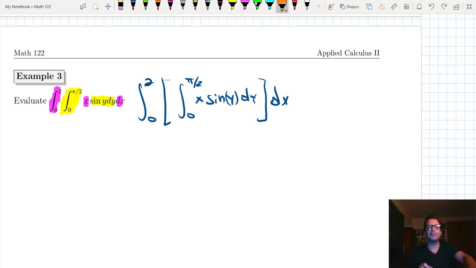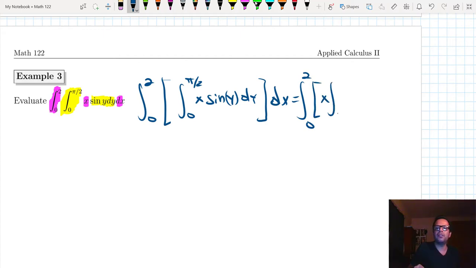So let me write the whole thing again: the integral from 0 to 2 of x times the integral from 0 to pi over 2 of sine of y dy, times dx.